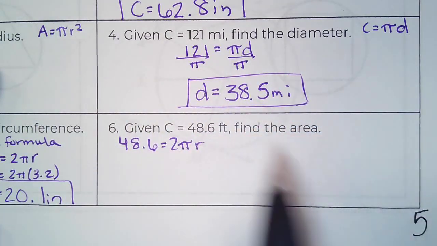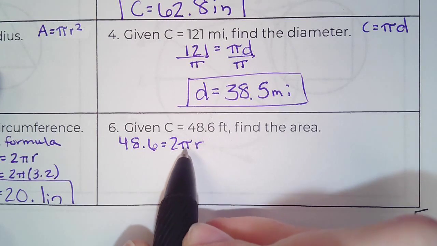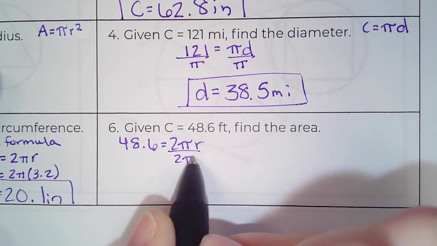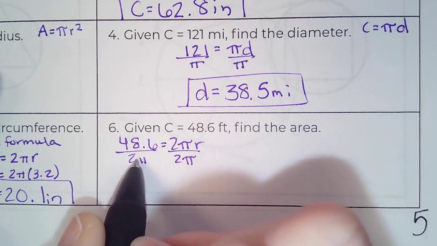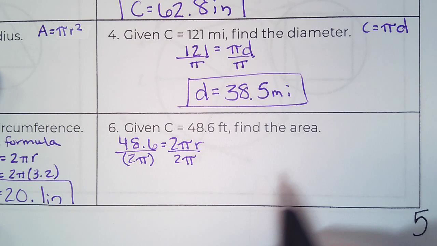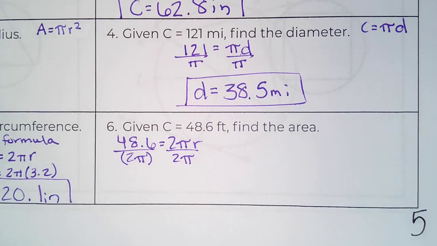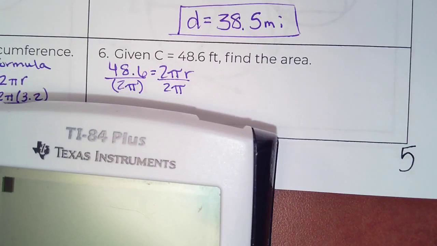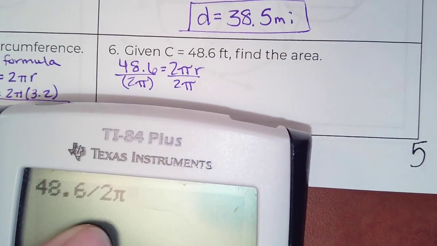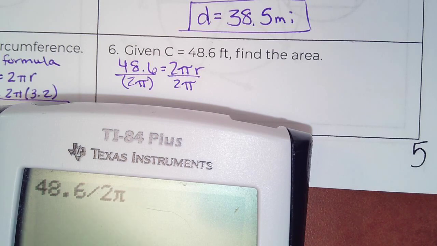I'm trying to get r alone, so I'm going to divide by 2 and pi at the same time. When I do that in my calculator, I'm going to make sure I put 2 pi in parentheses. If I just typed in 48.6 divided by 2 pi, first my calculator is going to divide by 2, and then it's going to multiply by pi.